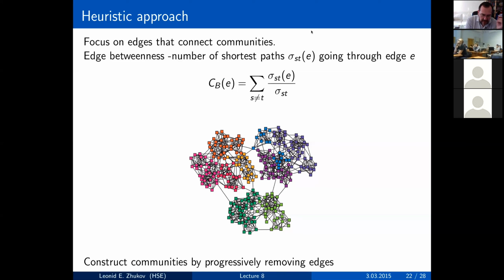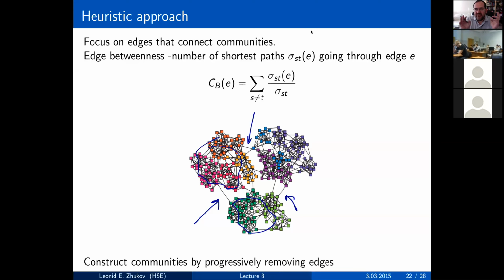If we look at this picture, you realize that those edges that connect communities actually act as bridges, right? And as bridges, they'll have to carry lots of traffic. Pretty much every time you want to get from a node in one community to any node in another community, you'll have to cross this bridge.